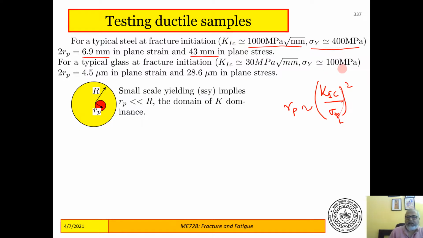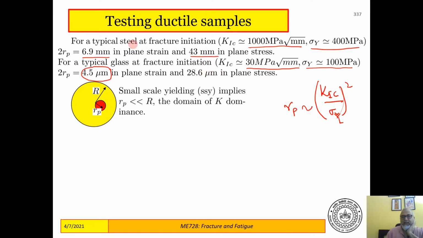On the other hand, if you use a typical glass, which is a brittle material, K1C is 30 MPa root millimeter and sigma y is 100 MPa, then in plane strain you get a plastic zone size of only 4.5 micrometers and in plane stress of 28.6 micrometers.